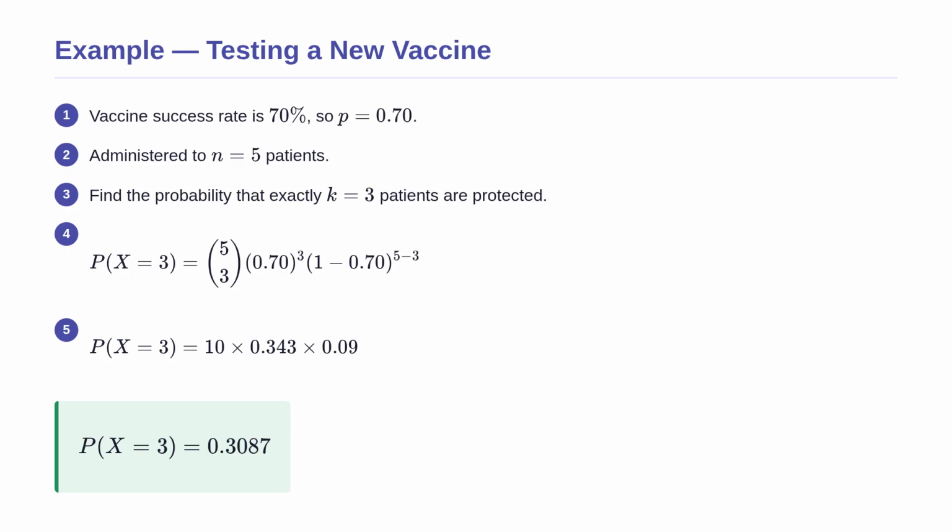We plug in 5 for n, 3 for k, and 0.70 for p. Calculating the combinations and powers gives us 10 times 0.343 times 0.09. Multiplying these yields 0.3087. Physically, this means there is roughly a 31% chance that exactly 3 people will be protected.